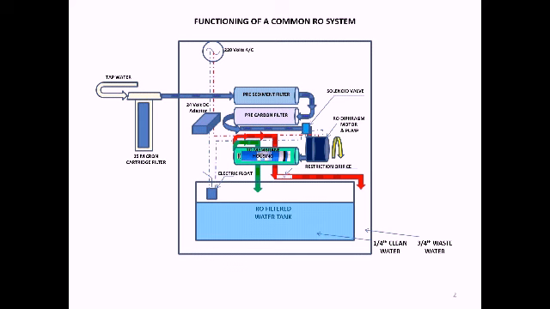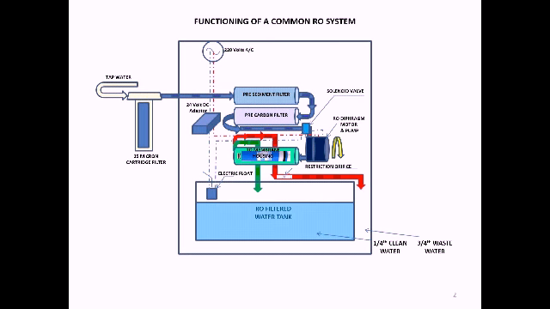So from here the pressurized water is fed into the RO membrane housing, which has one inlet and two outlets. One outlet is for the clean water, RO filtered water, which is routed through the RO cartridge membrane, and another is the residual water, which is routed to the drain through a restriction orifice.